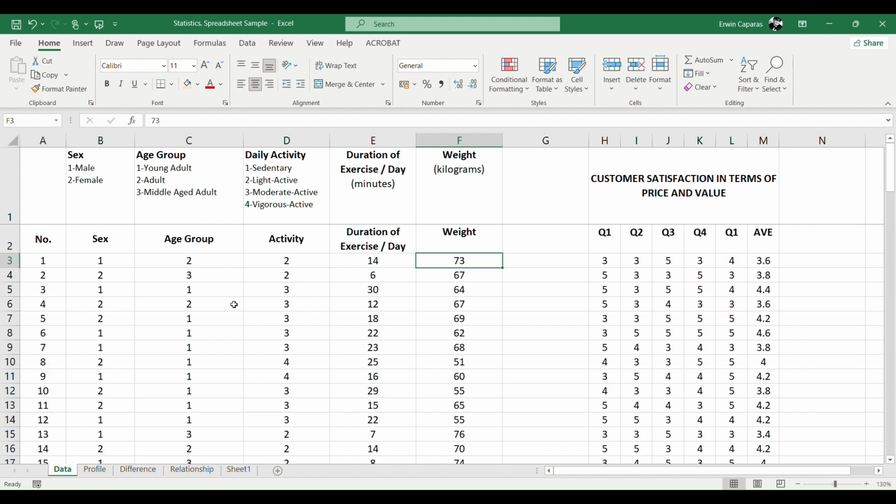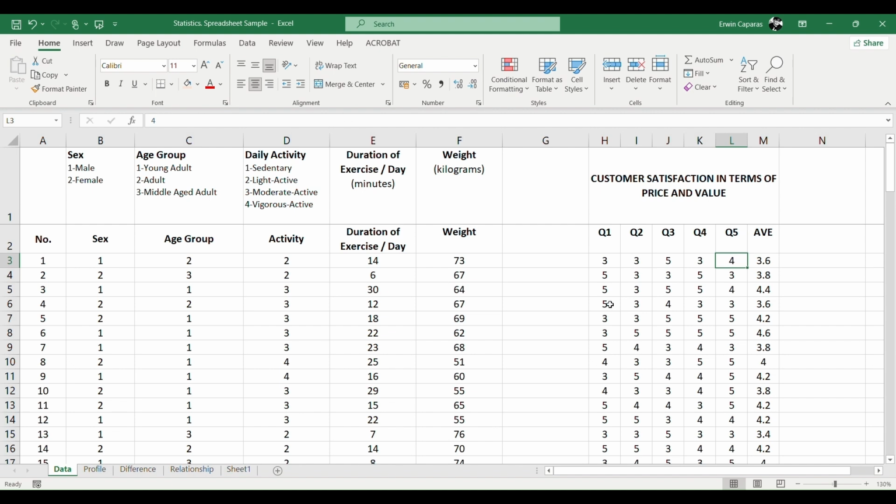Now there is also a part of the SOP, let's say determining the variable in terms of its different parameters or dimensions. For example, customer satisfaction is measured in terms of price and value, and there is a corresponding question; so this will be question number 5, and there are 5 questions all in all.